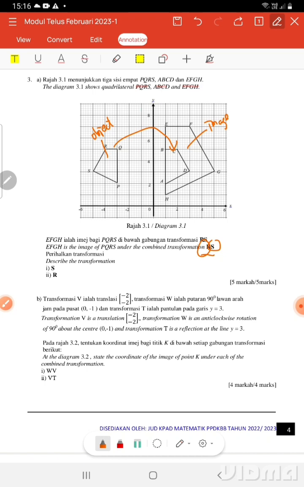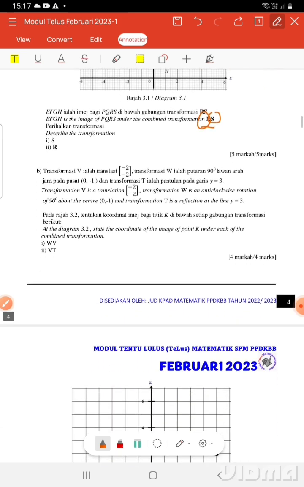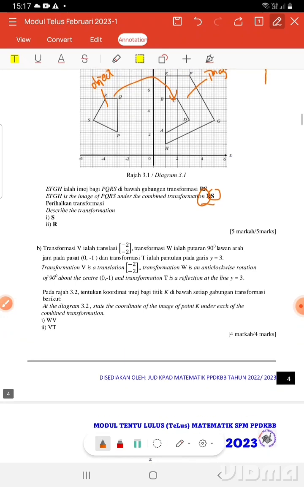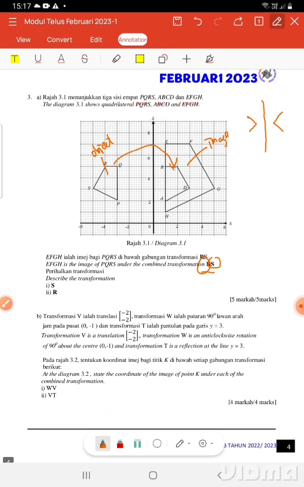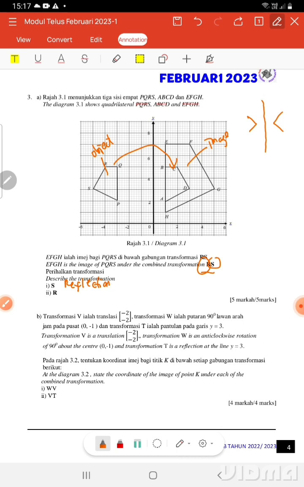Remember, reflection is just like you see your image in the mirror. So if this is your nose and this is your mirror, you will see your nose. I will just write the answer here. We know it is reflection, so just write reflection and you will get 1 mark.